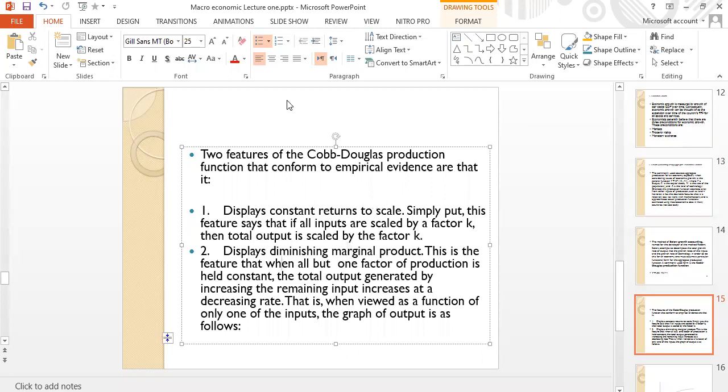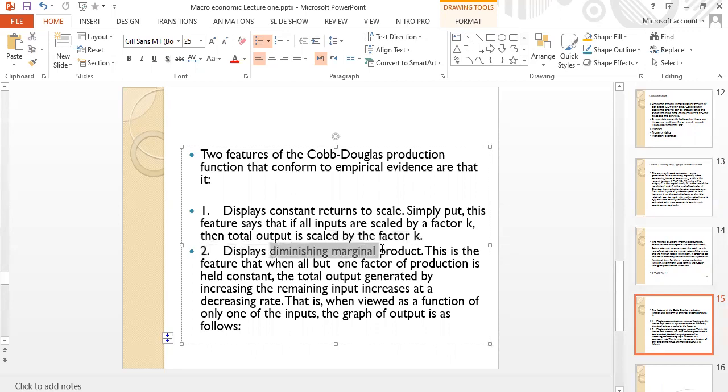If we remember the graph of production, we have three cases: first, increasing production, then increasing at a decreasing rate, then constant, then negative marginal product.